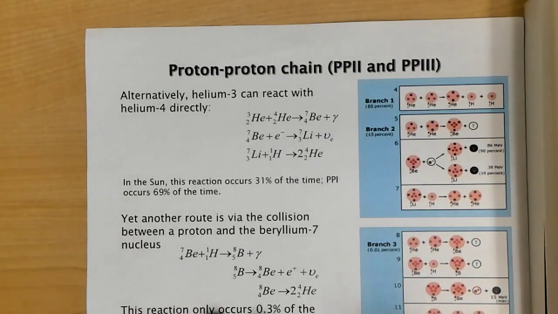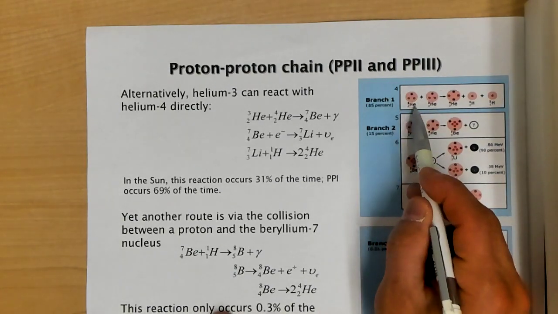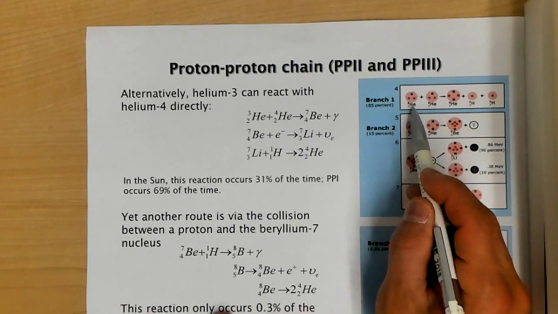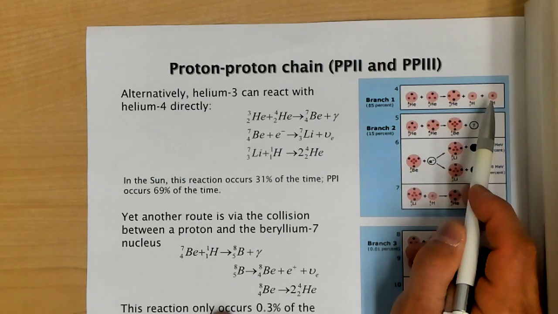There's also, for the second half of this reaction, other possibilities that can happen. I mentioned the branch 1, pp1 chain, where the two helium-3s come together to form helium-4 plus proton plus proton.